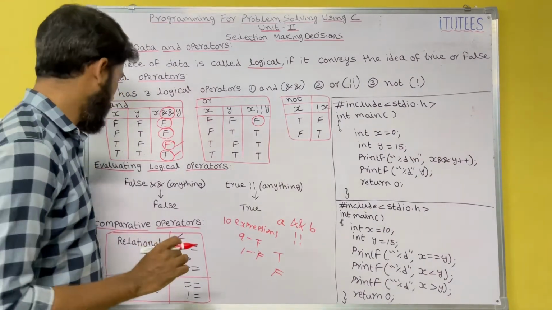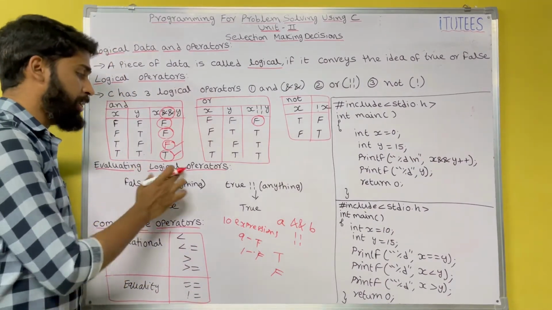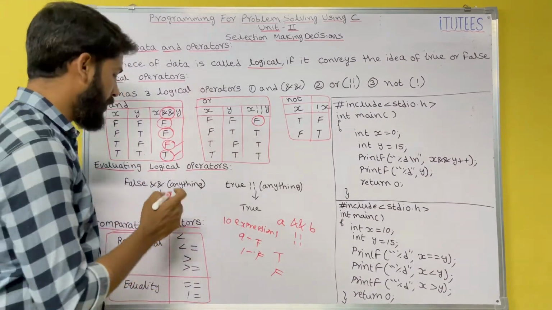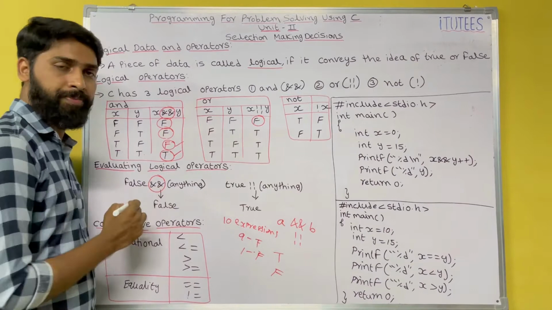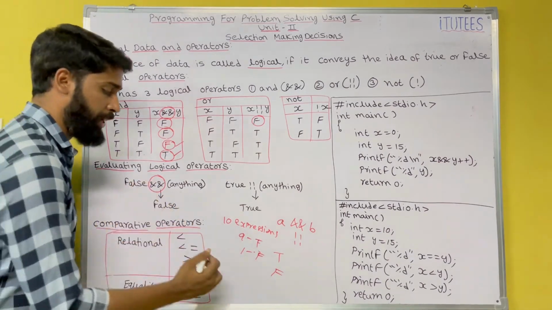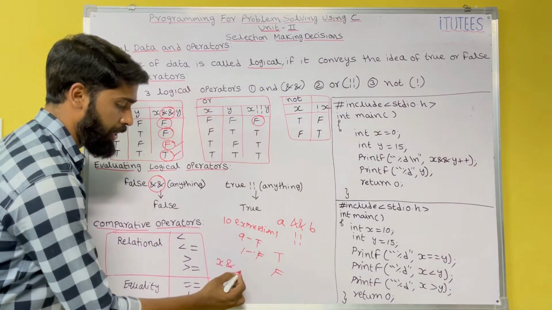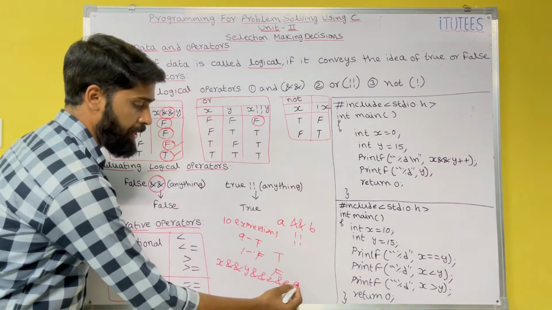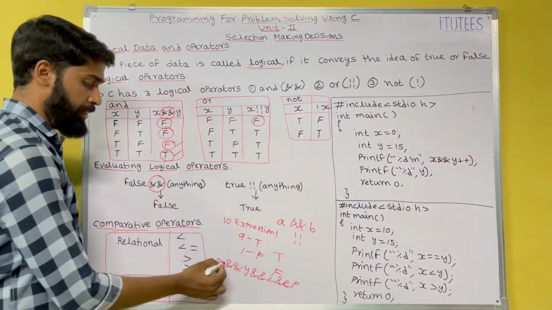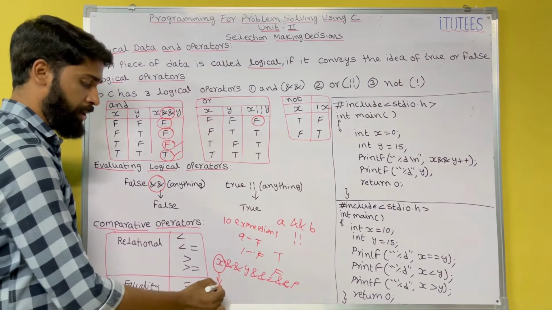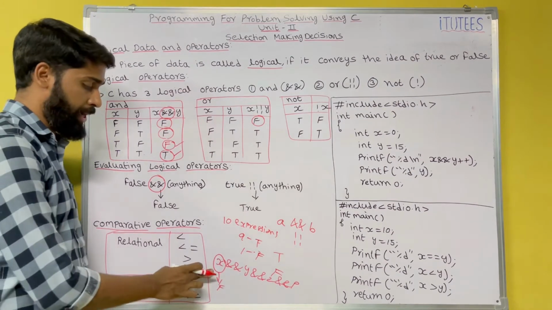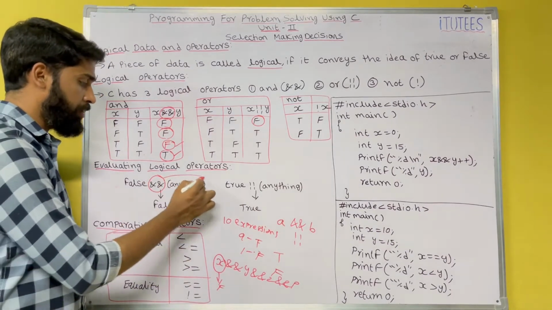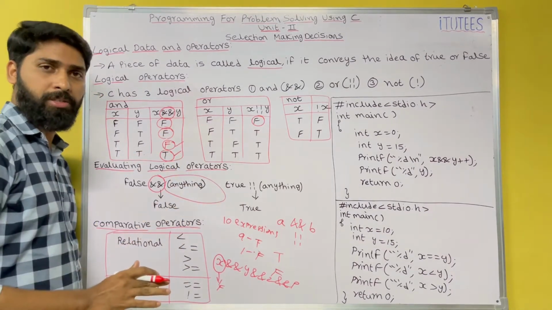Now we see evaluating logical operators. How are we going to evaluate the logical operator? This is the AND operator. For example, I write X and Y and Z and P. If the X expression is false, let us assume, then we ignore the remaining expressions.